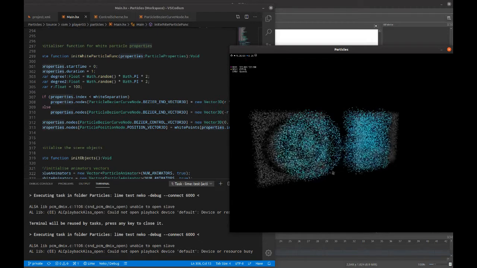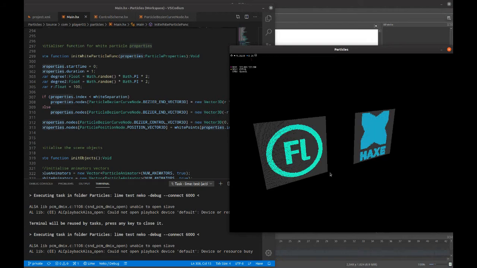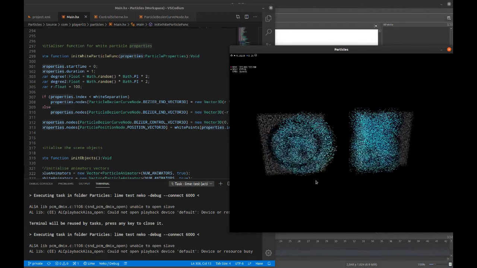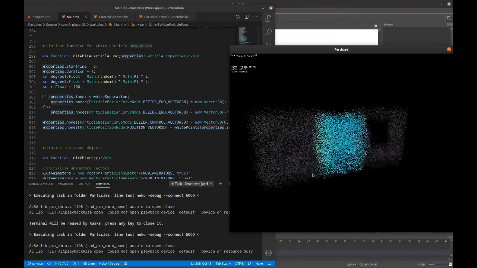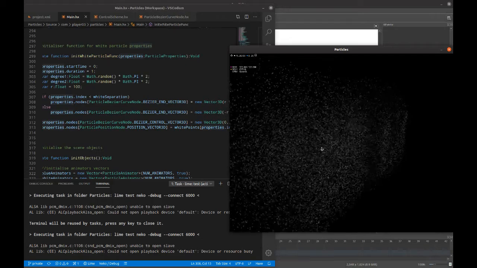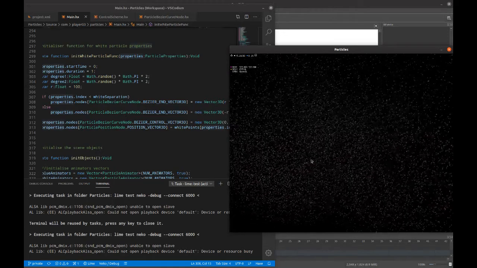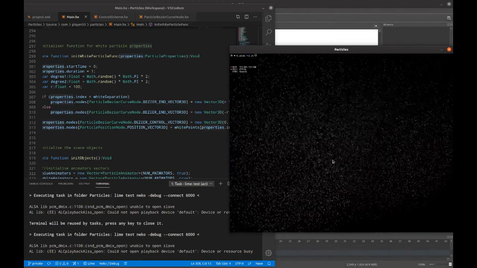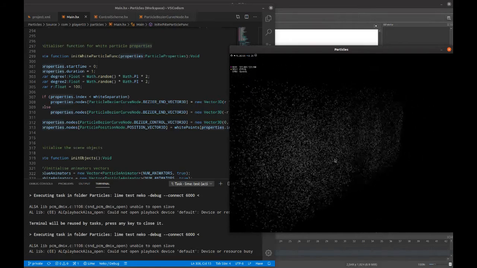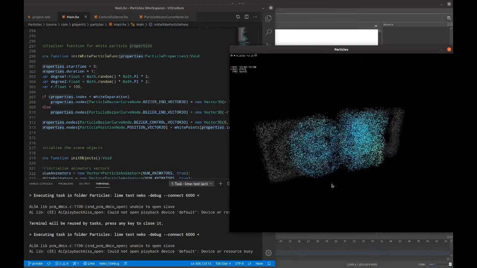And the blues are just going to behave as normal. Yeah, so these don't meet back. These only form the image once, which is kind of the point.